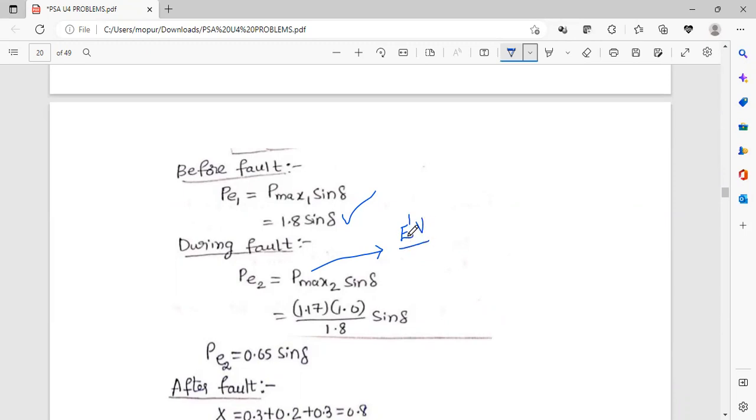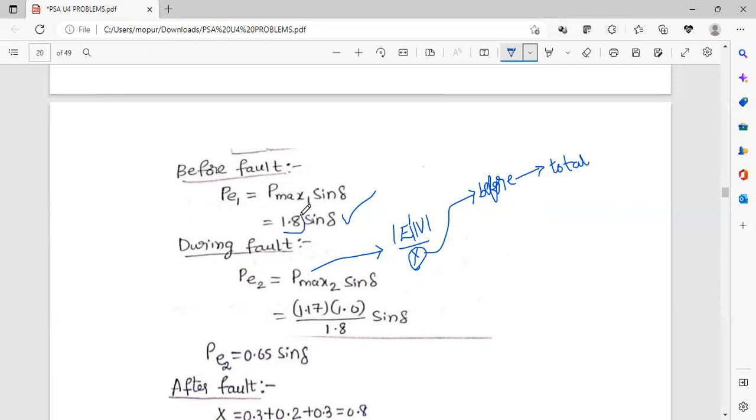This X value will vary. This X value for before fault condition is the total X, which we had found out before, which is 0.6765. You can see that.